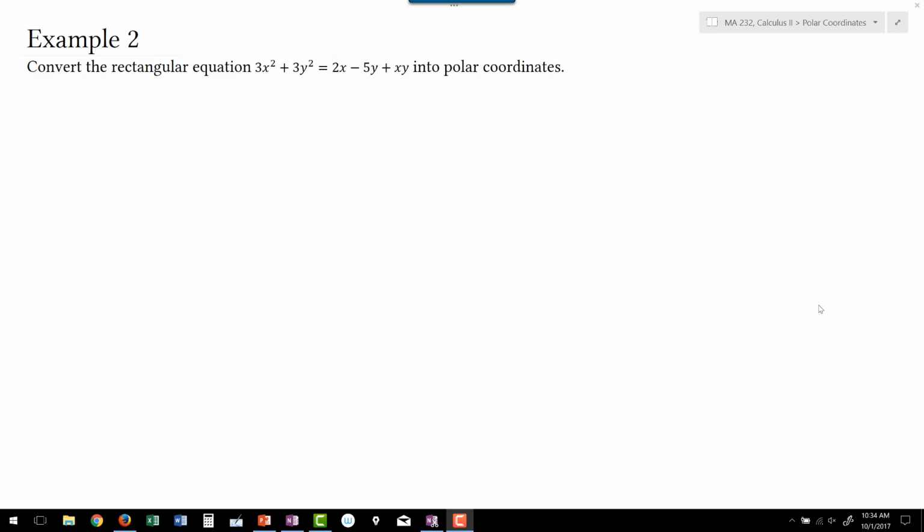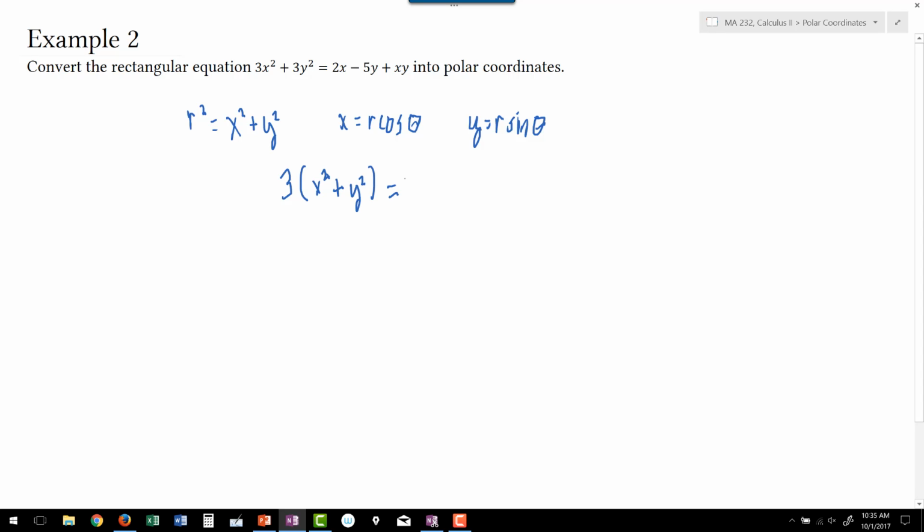Our task here is to take a rectangular equation and turn it into one using polar coordinates. Once again, we're going to make use of the relationships we know about. Now we could just take every term that has an x in it, and plug in r cosine theta, and every term that has a y in it and plug in r sine theta. But if we factor on the left-hand side first, then we can save some work, because what we see on the left is I have 3 times x squared plus y squared.